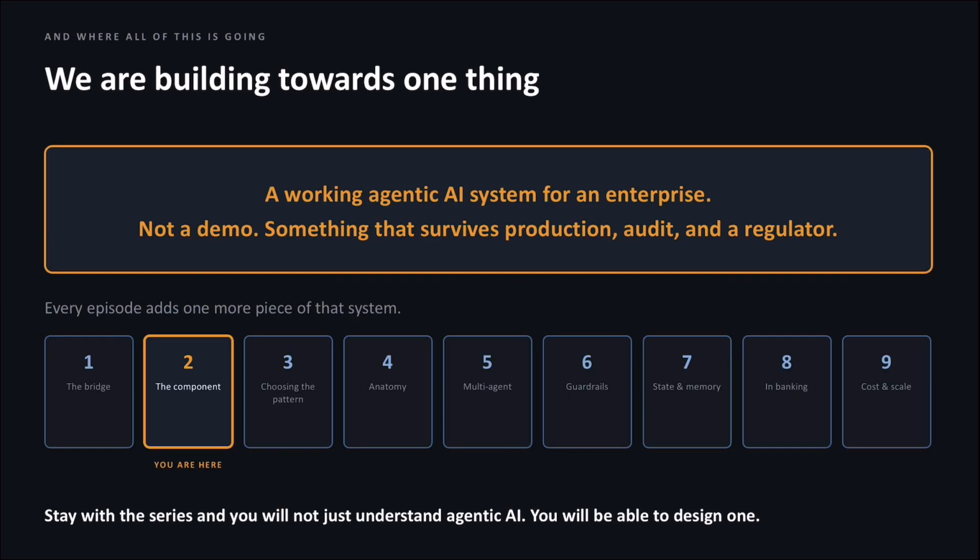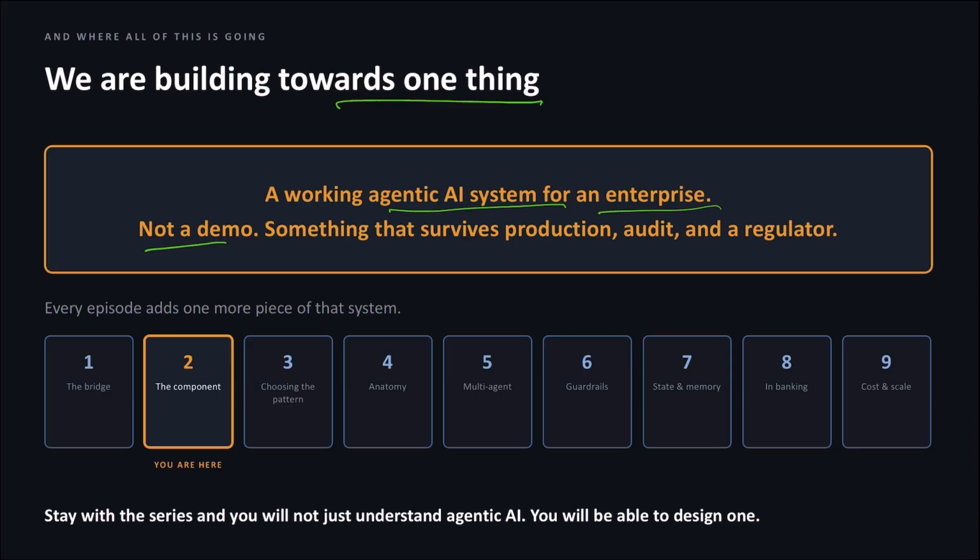Just to keep our eyes on the prize, we have had a lot of text, a lot of presentation, a lot of talk, but we should not take our eyes off the actual goal we are moving towards. We are building towards one thing, which is an enterprise agentic AI, a working agentic AI system for an enterprise. It's not a demo, which many people are doing nowadays.